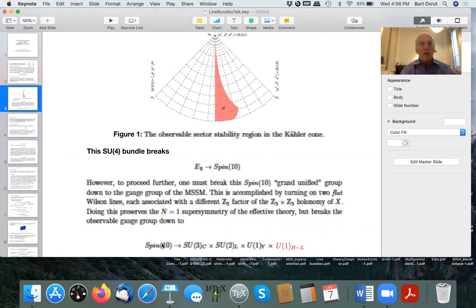They break the Spin(10) down to SU(3) x SU(2) x U(1) of the standard MSSM, but there's also a gauged U(1) B-L, which will eventually be spontaneously broken appropriately. And that will account for a violation of R parity. I won't discuss that in this talk, but it's important to recognize this extra U(1) B-L.